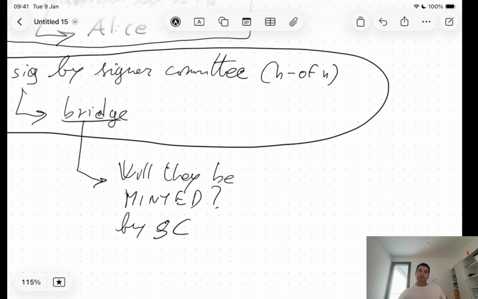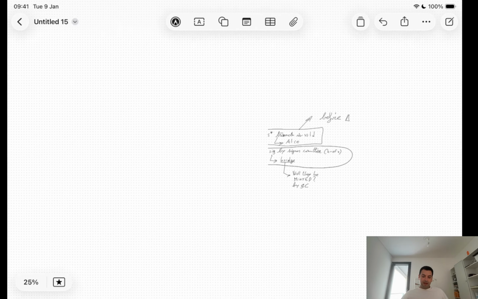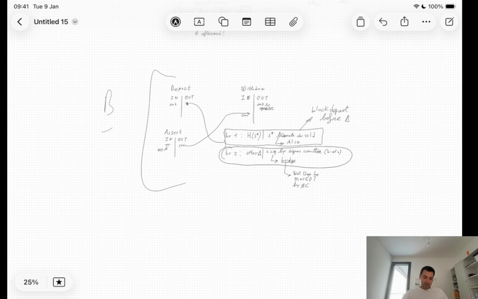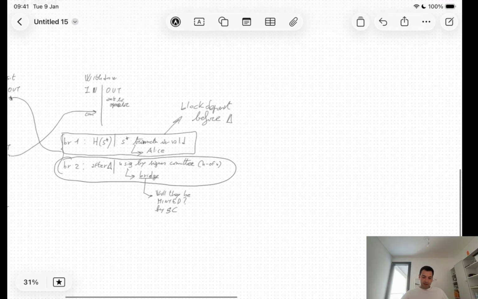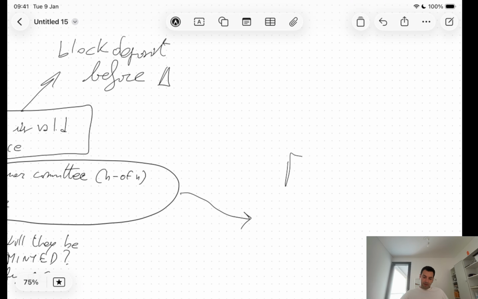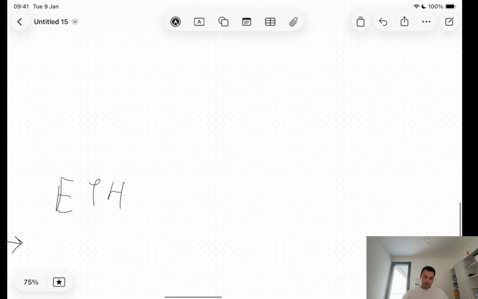And here is the difference between a bridge for Bitcoin and Liquid or Bitcoin and Ethereum. In theory, they should do the same thing. Let's say we have a bridge between Bitcoin and Ethereum. Everything happening here is in BTC. And after that thing is done, you go to Ethereum and Alice posts the transaction done and authorized minting.